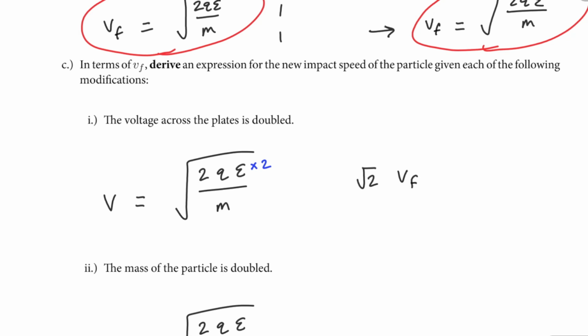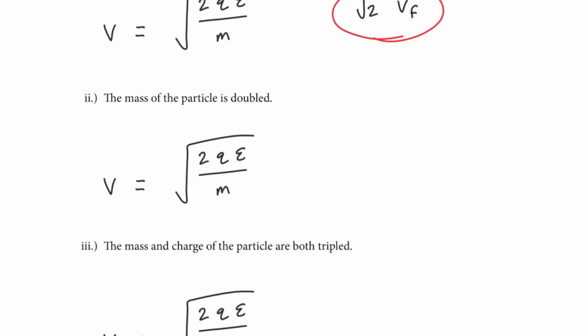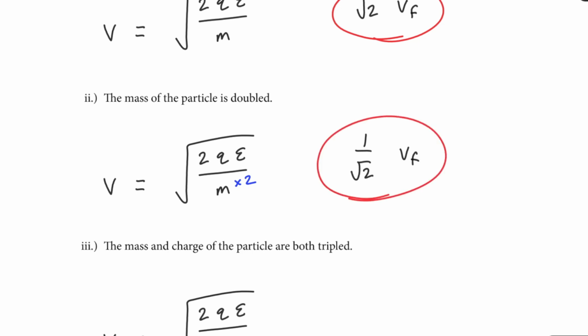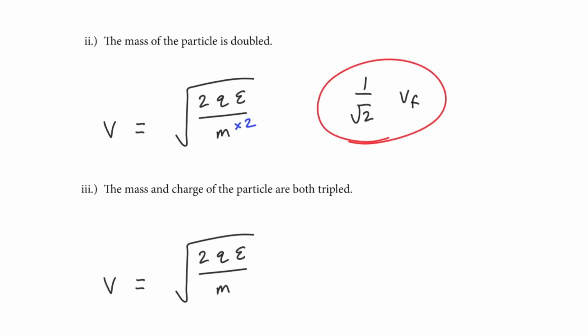So this would be root 2 VF, because that 2 ends up being square rooted. The mass of the particle is doubled. Well, I multiply the mass by 2, so it's going to be a divide by 2, but that divide by 2 is under the square root, so that's a 1 over 2 square rooted times VF. Do not rationalize.